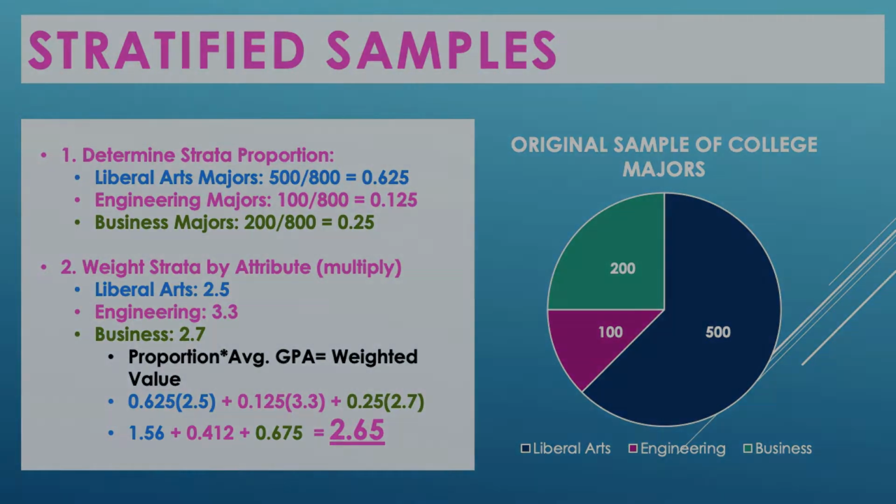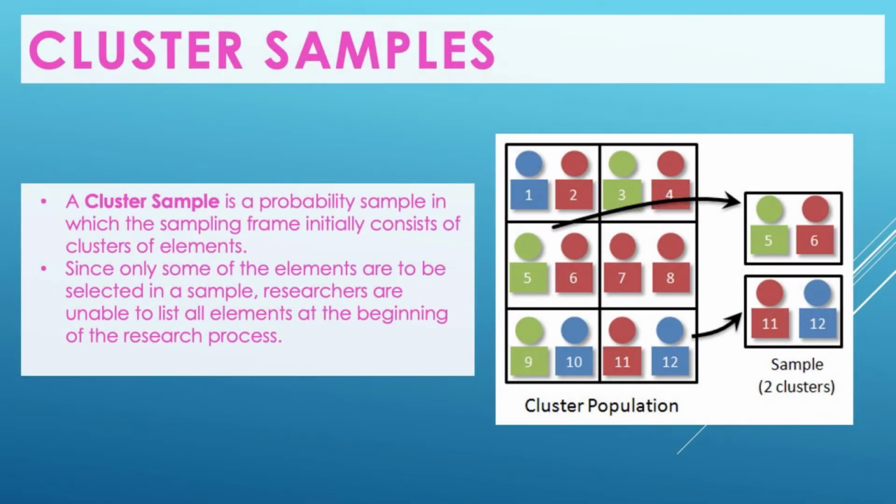The next type of probability sample that I want to discuss is a cluster sample. These are generally less common in the social sciences, but nonetheless something you could absolutely run into with future research projects. A cluster sample is a probability sample in which the sampling frame initially consists of clusters of elements.